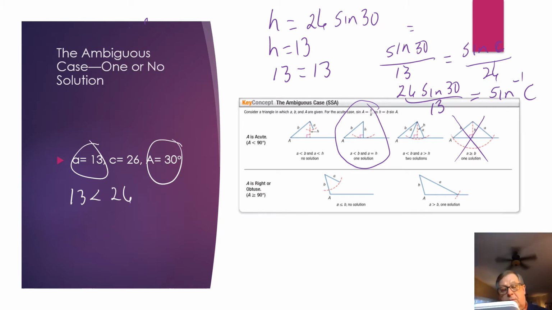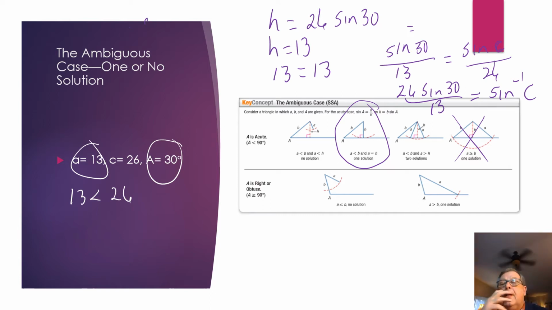All right, so let's see what we got. I'm going to do it the long way. I'm going to say 26 times the sine of 30 divided by 13. Oh, I get 1. That already tells me what angle C is, but I'm going to go ahead and see the inverse sine of 1.